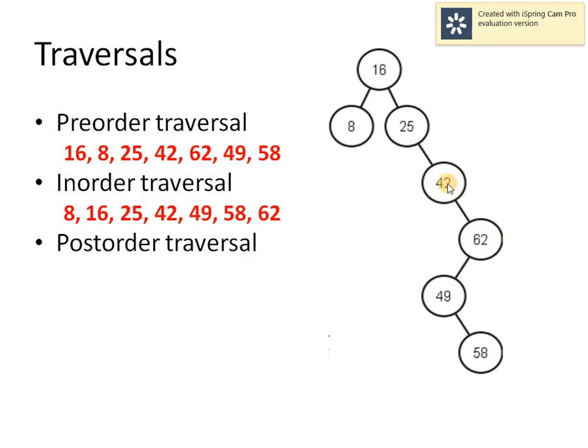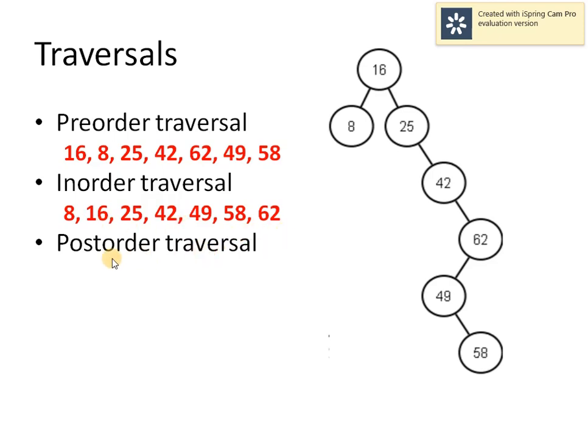Then we have reached 62, so its left is 49, left of 49 is null, so after 42 we have to visit 49 followed by right, that is 58. Then we have visited left of 62, so we can visit 62 now, and its right is null, so we are done. And again the in order traversal has given us the sorted sequence.